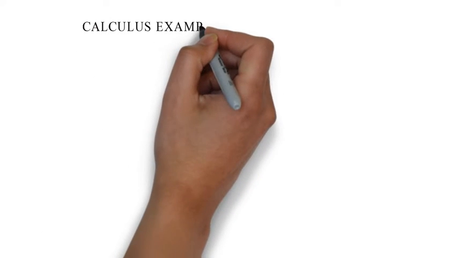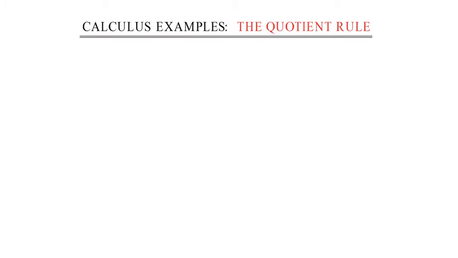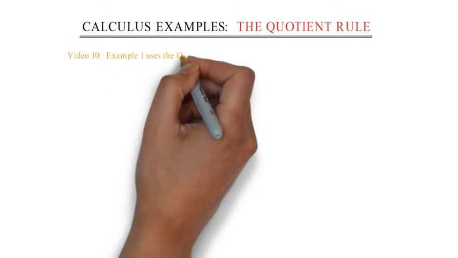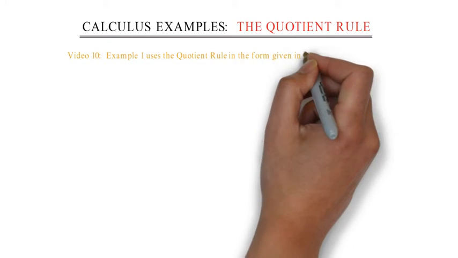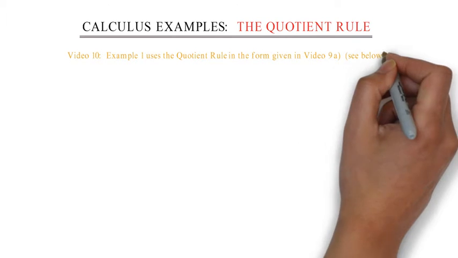Calculus Examples: The Quotient Rule. This is video 10. Example 1 uses the quotient rule in the form given in video 9a. See below.